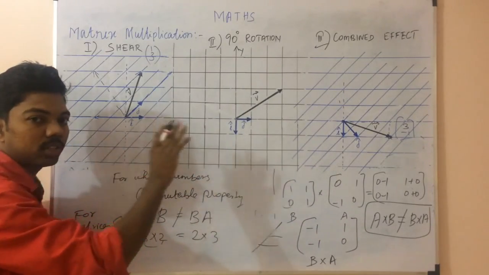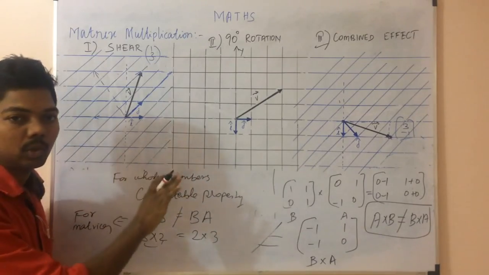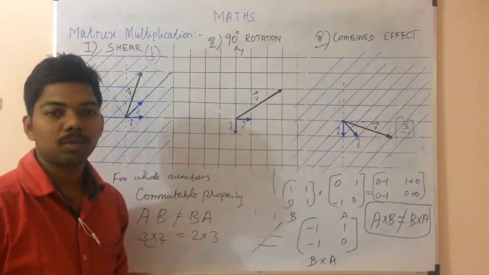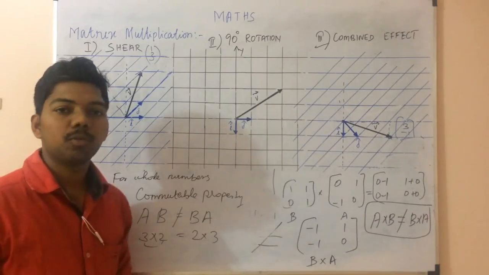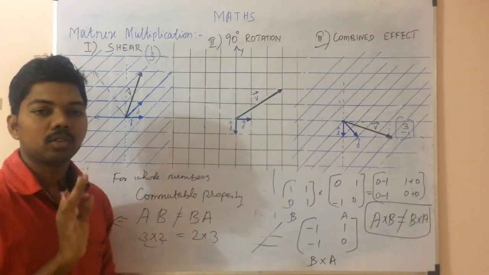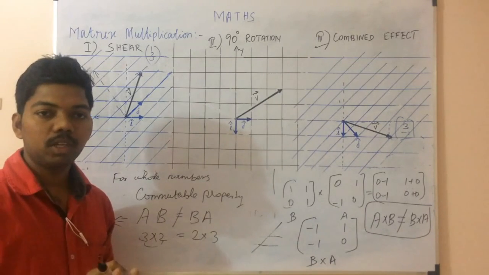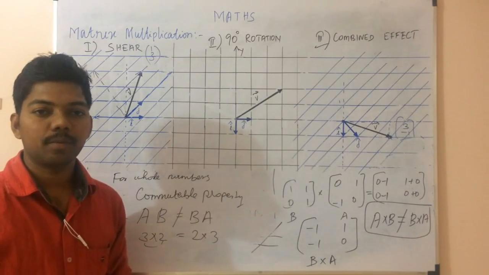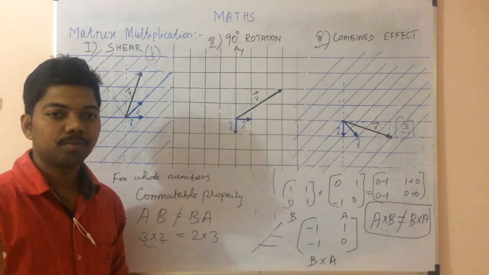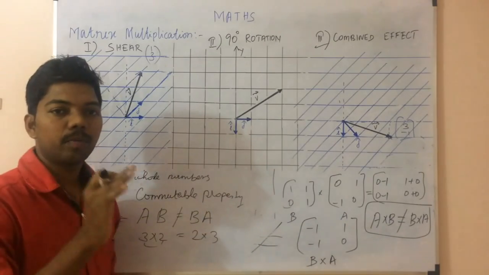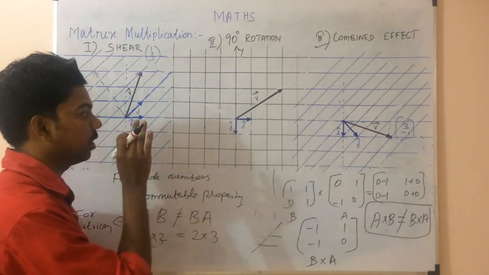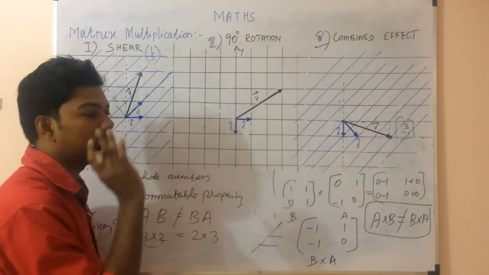These two effects will not be equal. This is the conclusion in our problem. So matrices do not satisfy the commutative property. This is the geometric representation of how matrices are denoted in 2D.